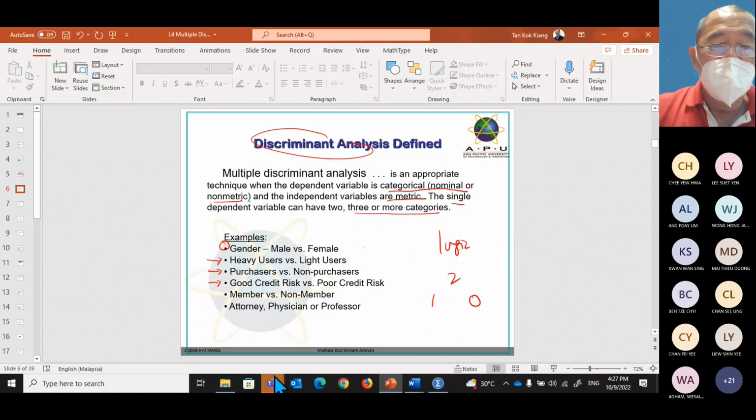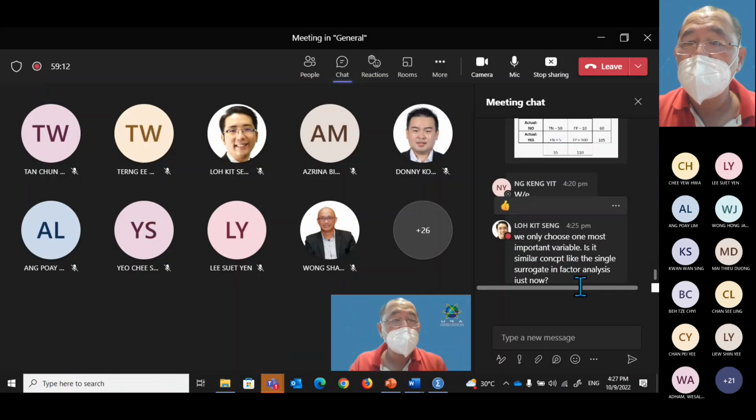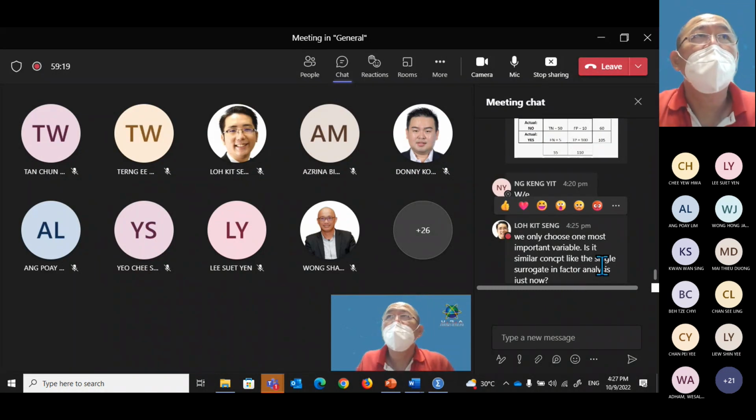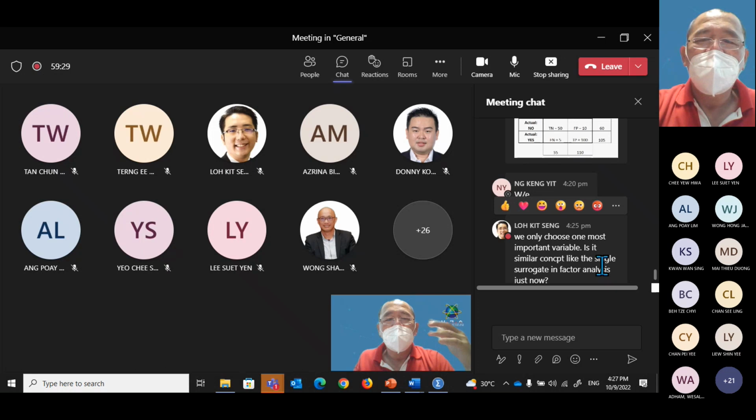Next slide, we are going to see the weights. Not like that. We do not choose only one. All are important.